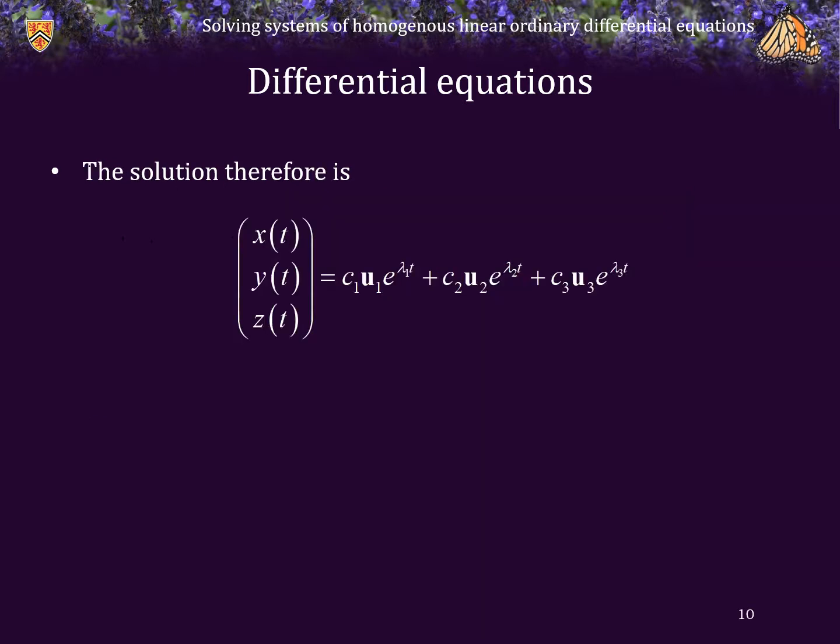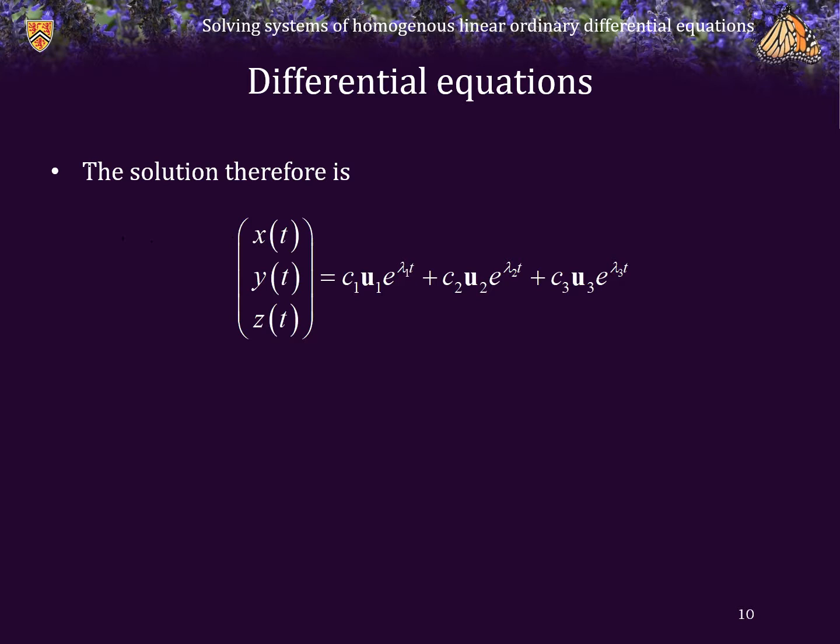It can be shown, and you will see that this is true in second year, that the solution to this system of differential equations is simply an unknown constant C1 times the first eigenvector, and it doesn't have to be normalized, times e to the first eigenvalue times t.